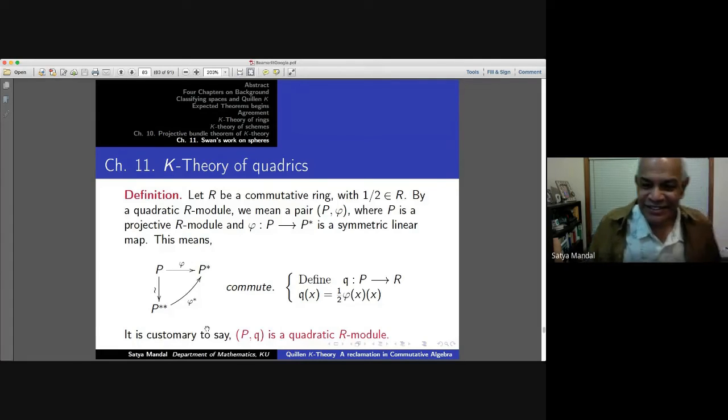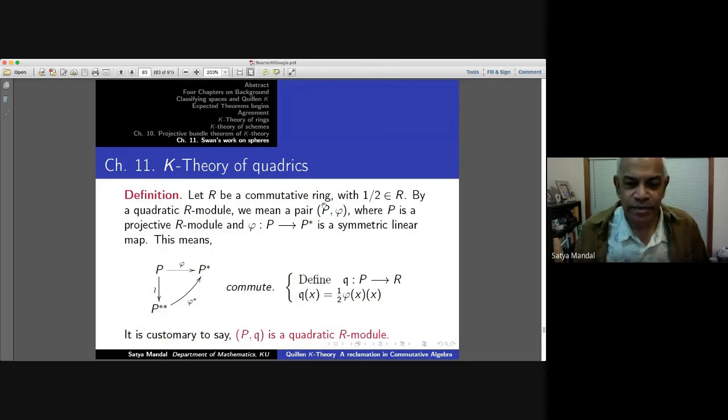P is a projective R-module, and phi is a symmetric map from P to P star. We can define Qx to be 1/2 phi x x. You can see I'm assuming 1/2 is in the ring. Such a thing is called a quadratic R-module.